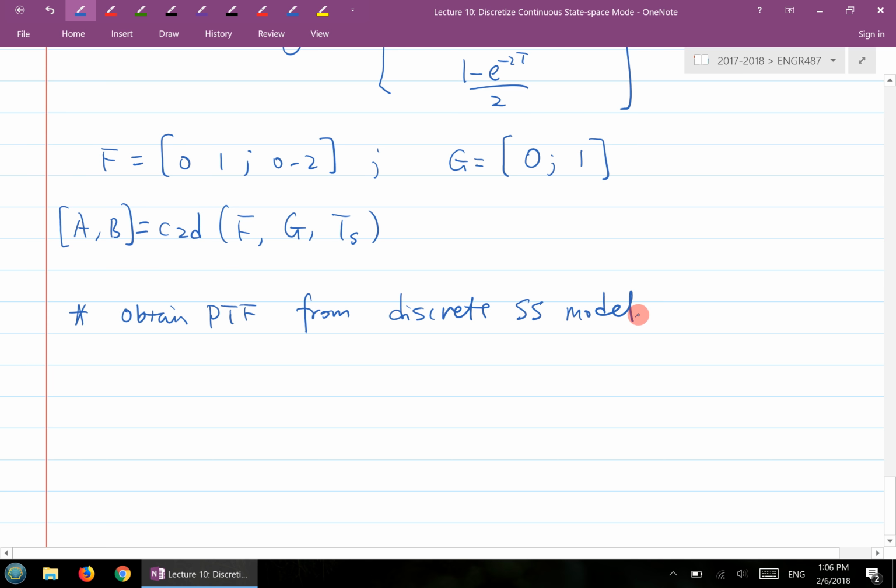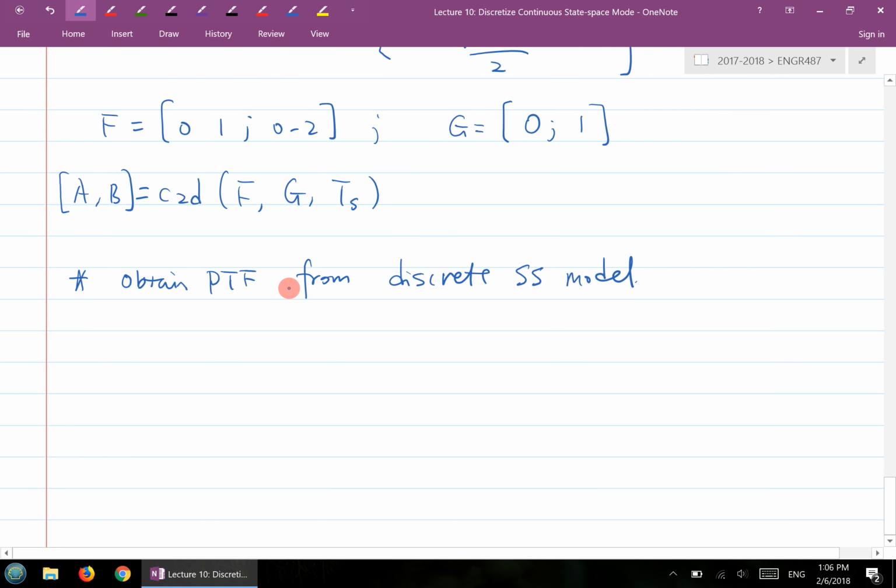So here, let's say you have a discrete state space model, like this. Can we go from here and then get our pulse transfer function? That's the point. I'll use single input, single output to illustrate this idea.